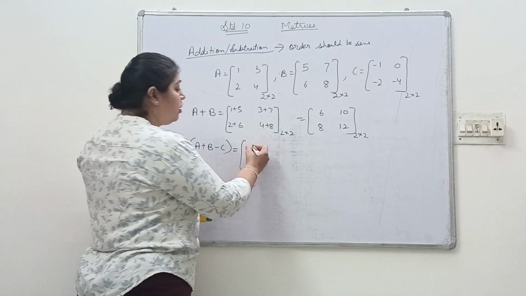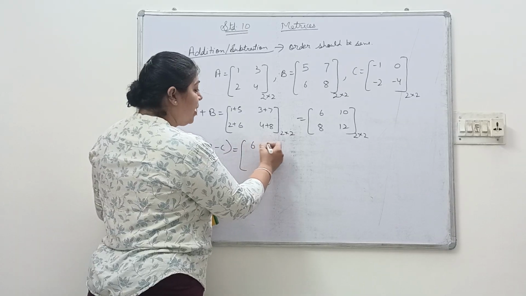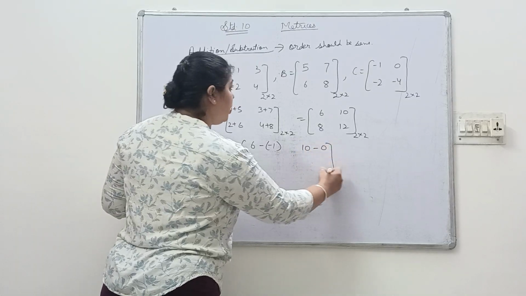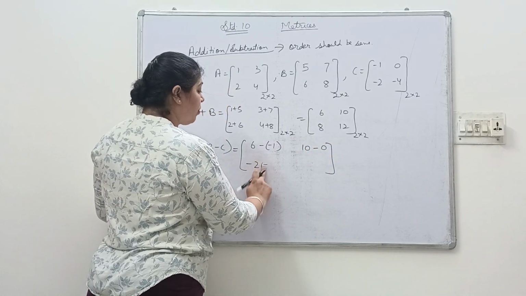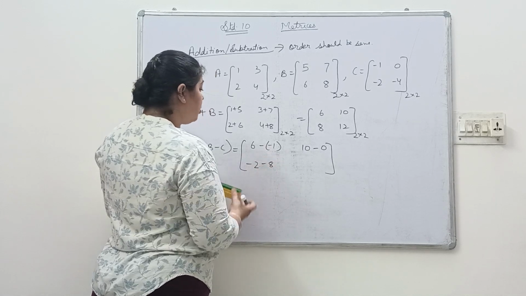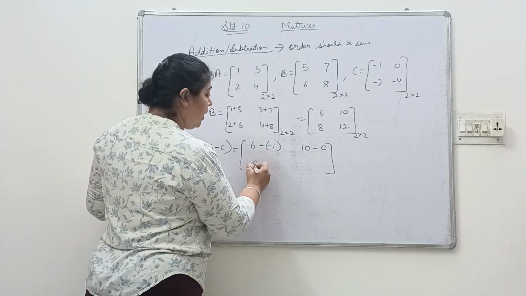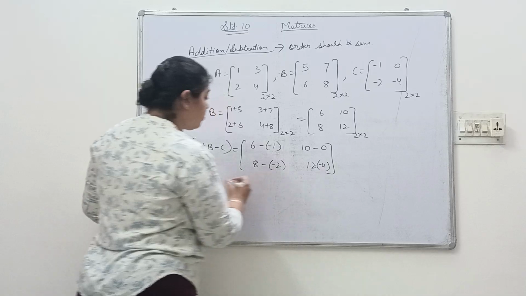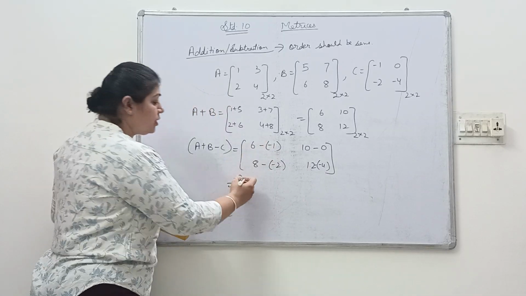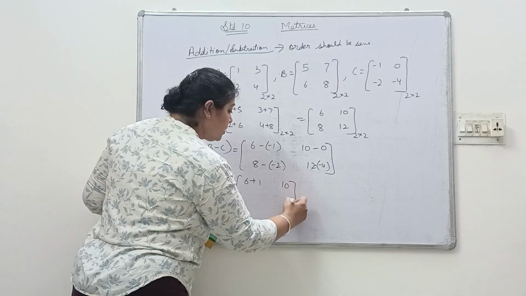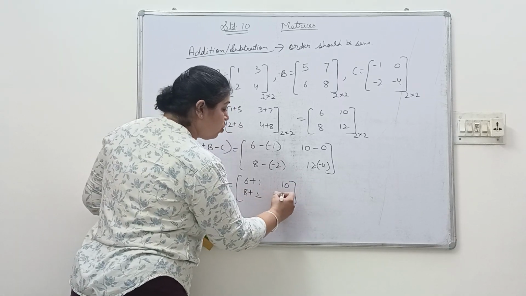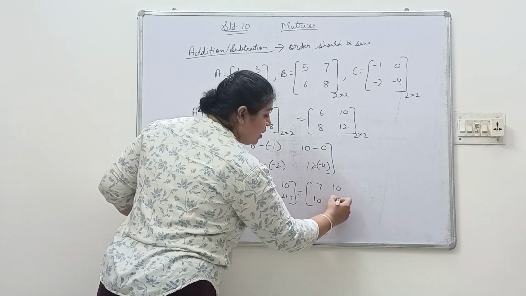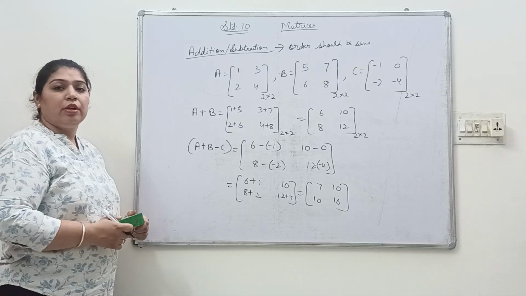Now 6 minus -1, 10 minus 0, 8 minus -2 and 12 minus -4. Minus minus becomes plus. So this is 6 plus 1, 10 minus 0, 8 plus 2 and 12 plus 4. And the answer is 7, 10, 10, 16.